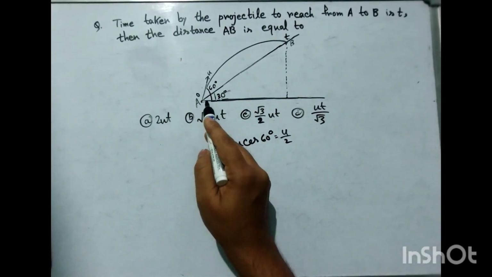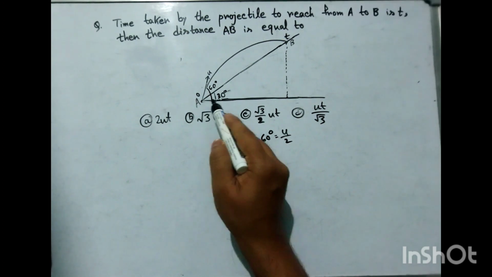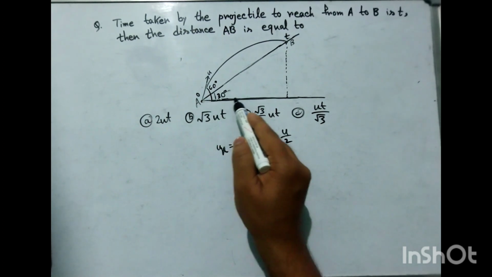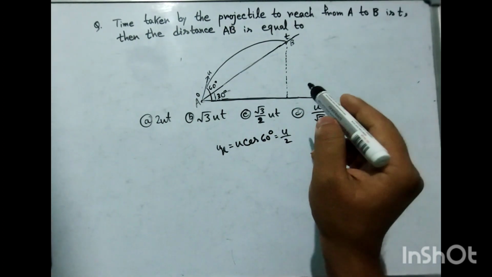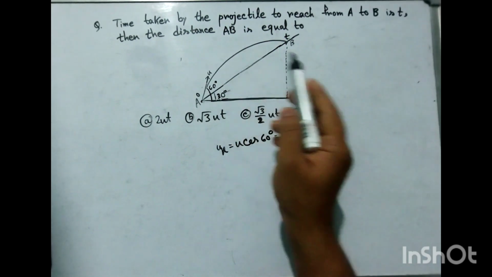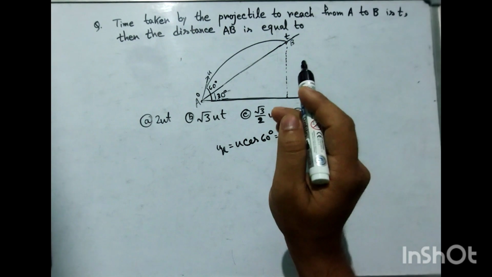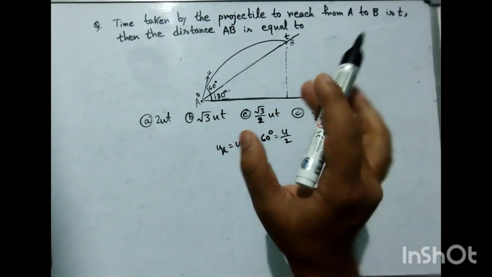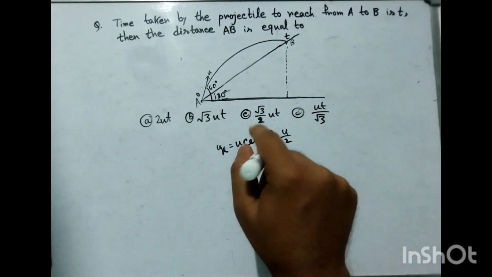And we know that the horizontal component of the velocity is only responsible for the distance the particle will cover horizontally, because we have learned how to study projectile motion, or two-dimensional motion, by two independent one-dimensional motions.